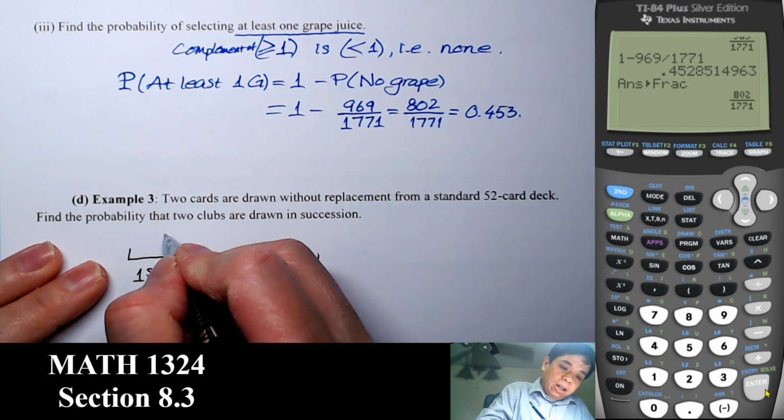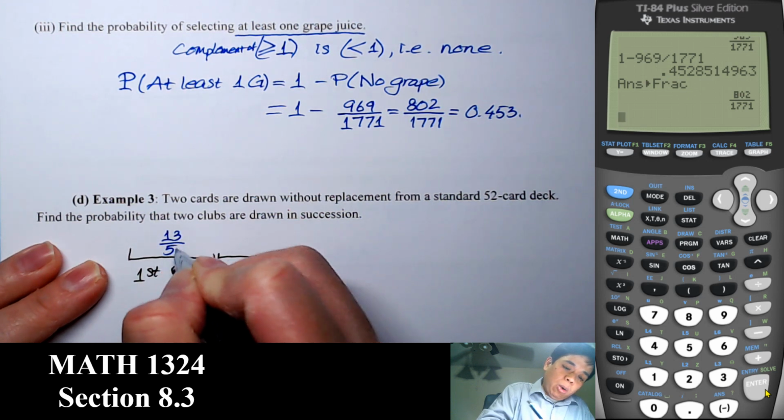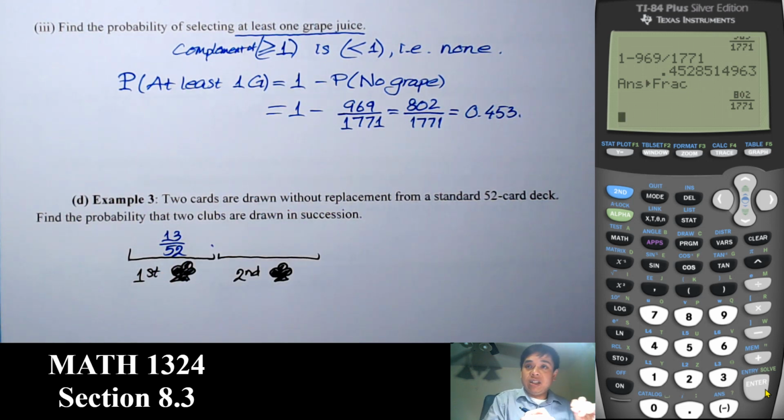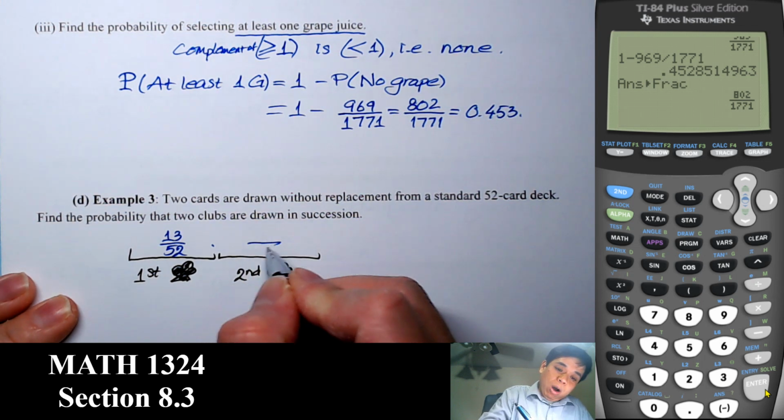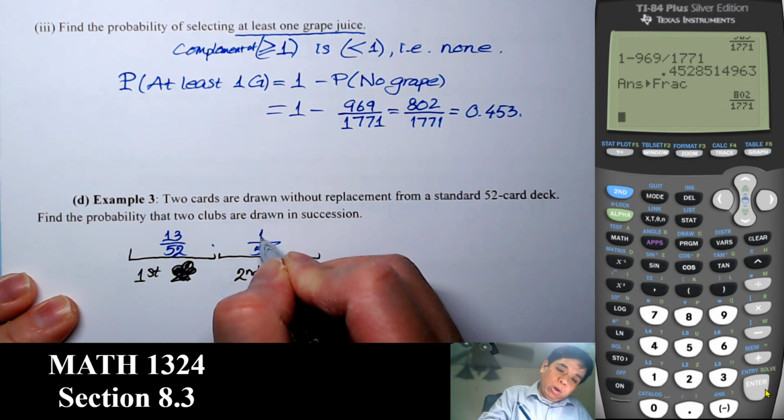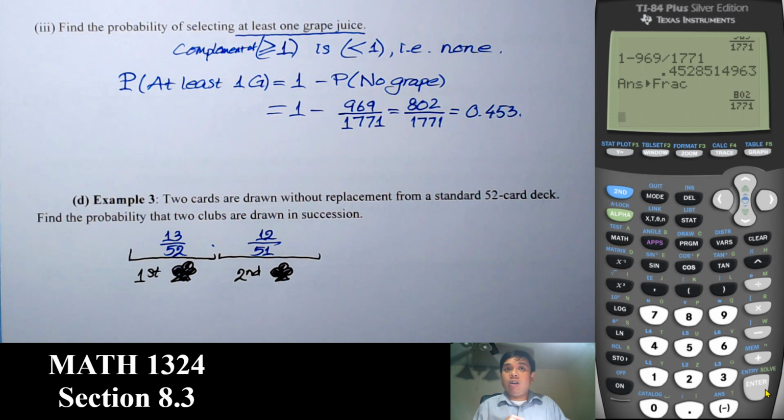And there are 13 clubs out of 52. After we select that, there's 51 left, and there are 12 left that are clubs. So again, multiply straight across.